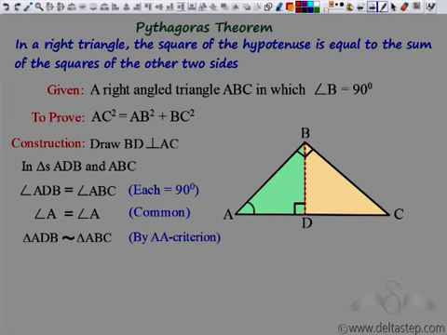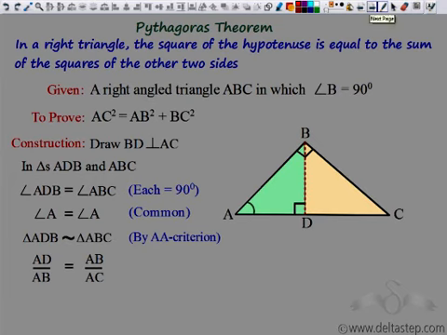Since the corresponding sides are proportional, AD by AB would be equal to AB by AC. So this is what I get.